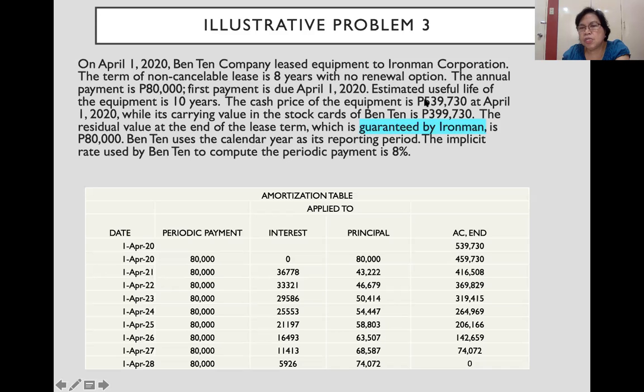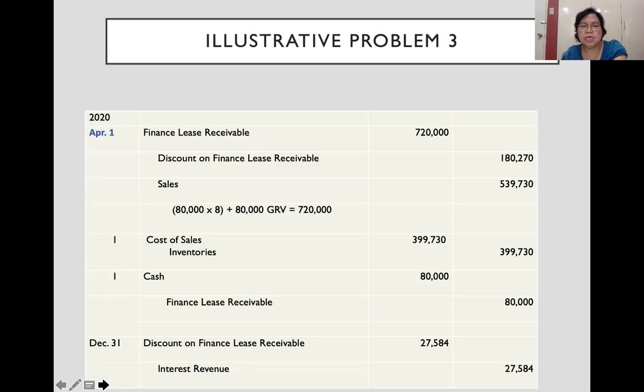So the difference between this fair value, which is the selling price, and the carrying value, which is maintained in the stock card, meaning it's an inventory, is actually the gross profit that is earned by Ben 10 at commencement. So that we have the following entries. On April 1, 2020, we debit finance lease receivable, including the guaranteed residual value, 720,000, credit sales at the equivalent cash price, which is 539,730, which is the present value of all the payments, including the guaranteed residual value.